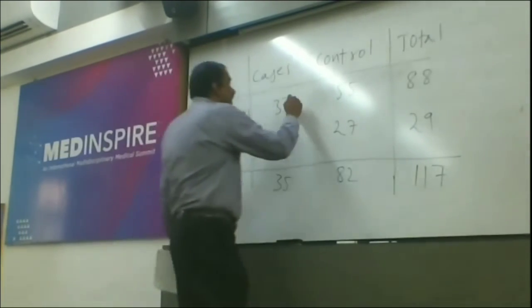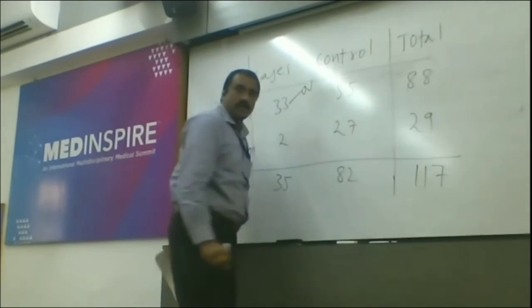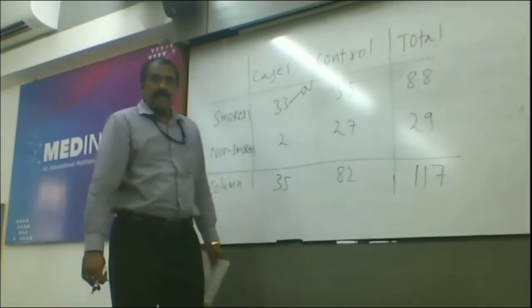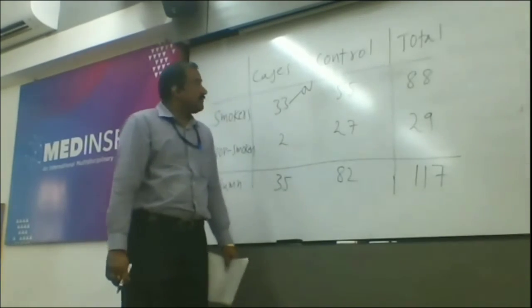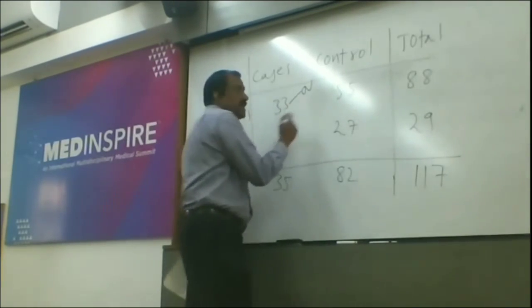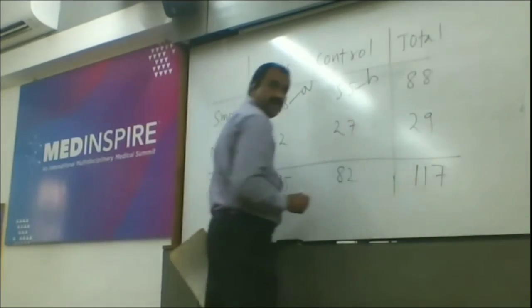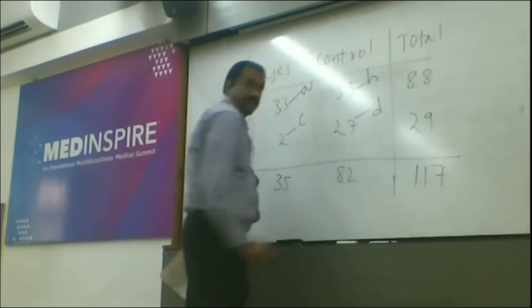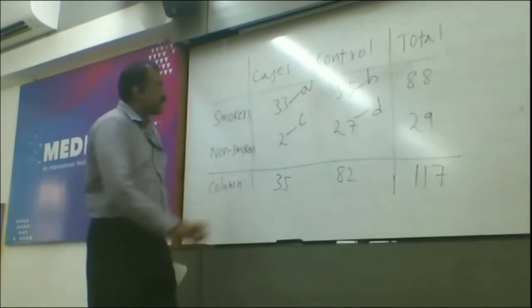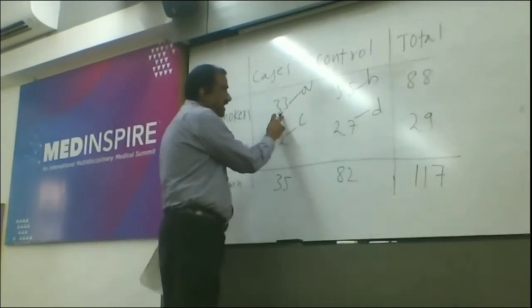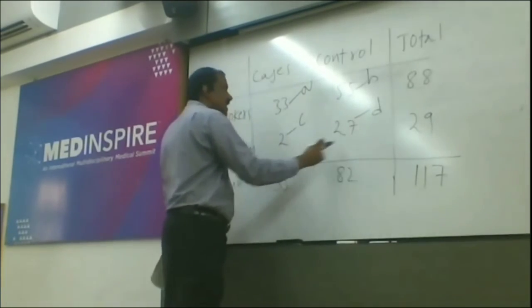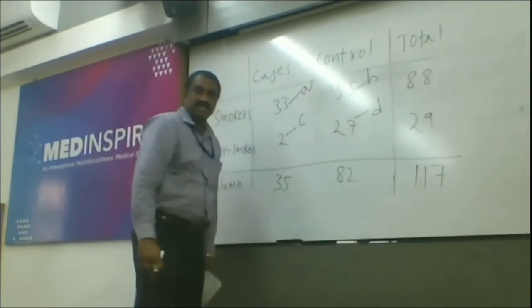So this is in the place of A according to the framework of case control study. Already you have studied in the epidemiology. This is in the place of A, this is in the place of B, and so this is C, and this is D. Once again I am repeating, A is 33, and B is 55, and C is 2, and D is 27.